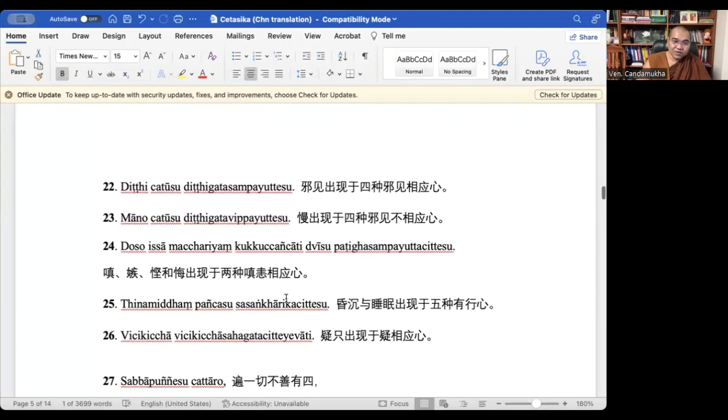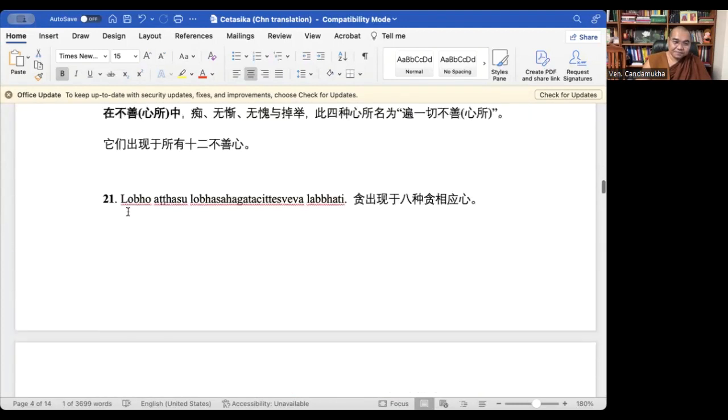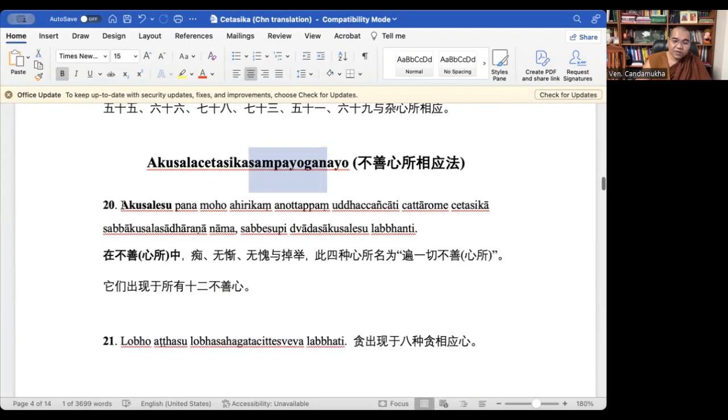If we say collectively, paragraph number 20 is one method. These Cetasika, Moha, Ahirika, Anottappa, Uddhacca, these four Cetasika: Moha, ignorance; Ahirika, moral shamelessness; Anottappa, moral dreadlessness; and Uddhacca, restlessness of the mind.